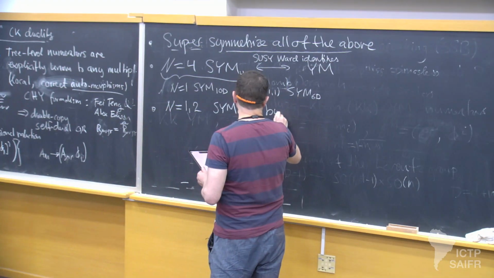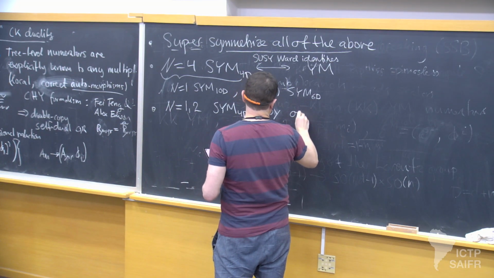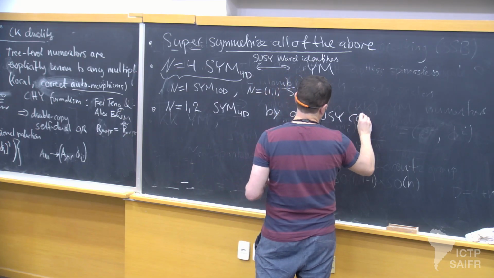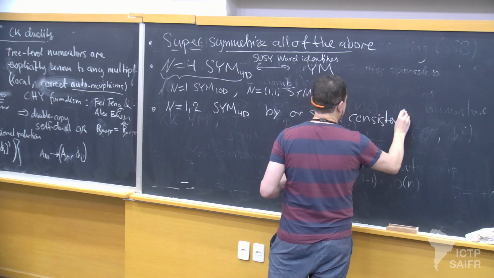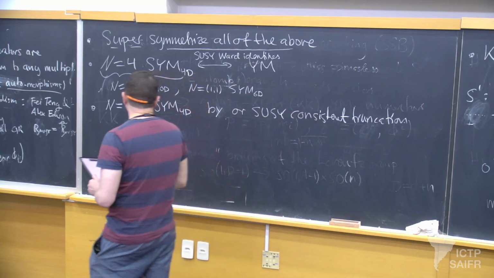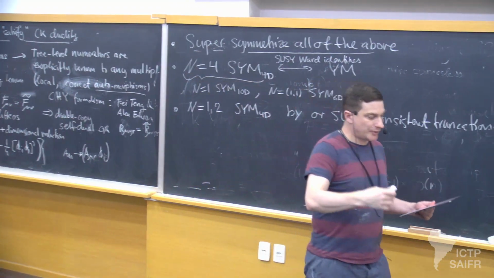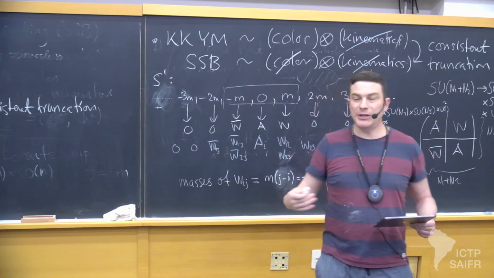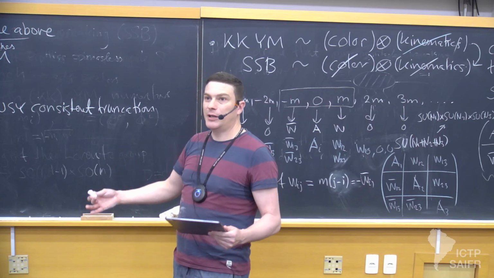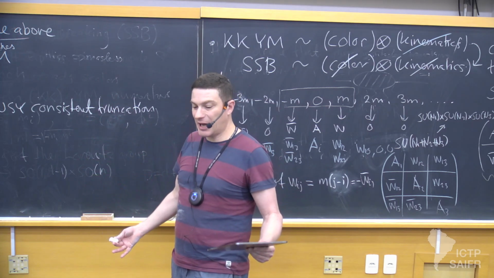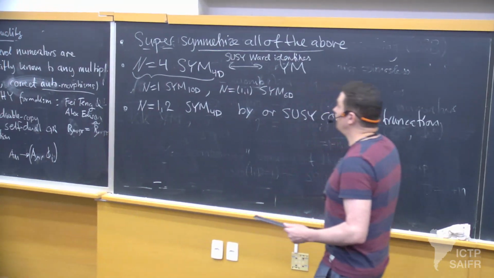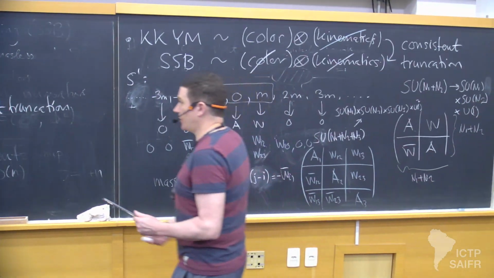This follows either by Ward identities or SUSY consistent truncation. Another way to say what consistent truncation is: you need to make sure that the particles you're truncating away can only be pair produced. That way, if you disallow them on external states, then at tree level they can never be produced because they have to be produced in pairs. That's usually what consistent truncation refers to.